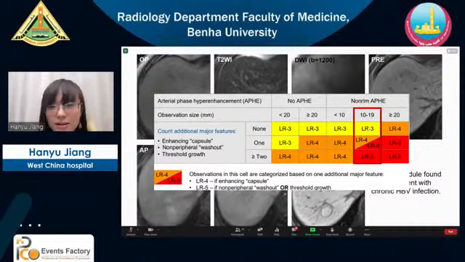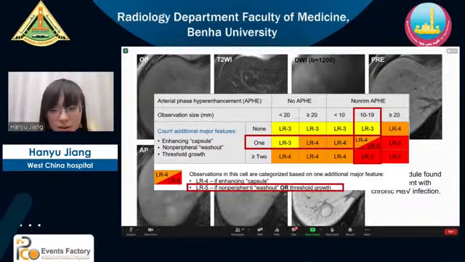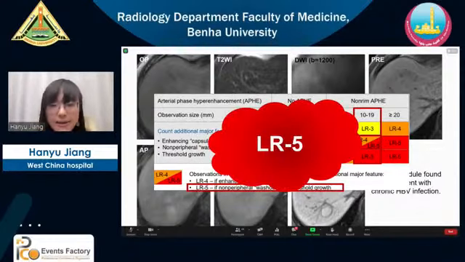So this is 1 to 1.9 centimeters in diameter, non-rim APHE, enhancing capsule or nonperipheral washout. So this is also an LR5 observation.